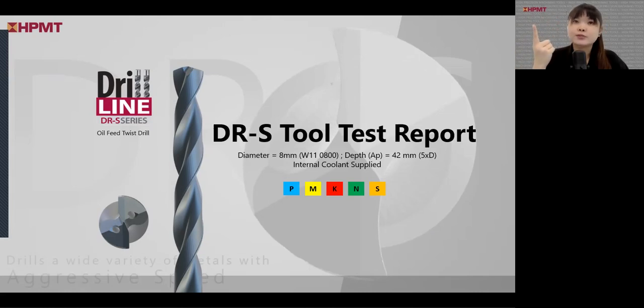The first tool test will be our cutting tools performance when working with 5 different ISO materials. The second tool test will benchmark our cutting tools performance against the competitors.